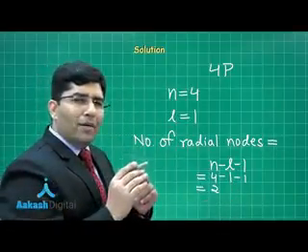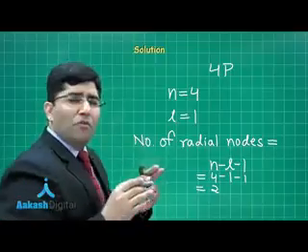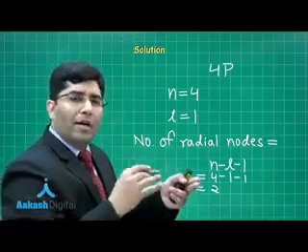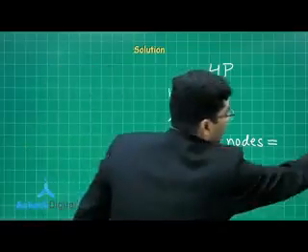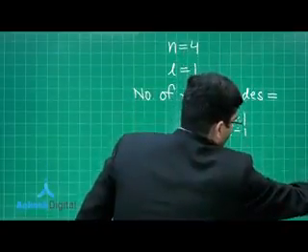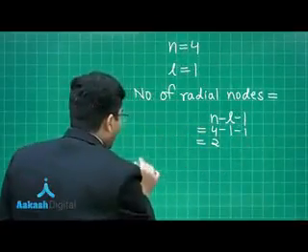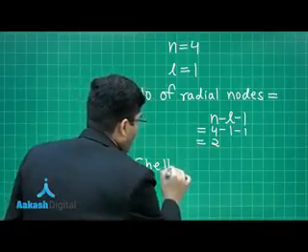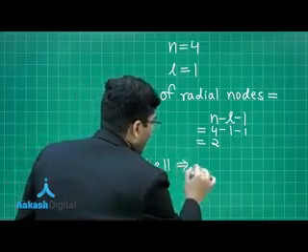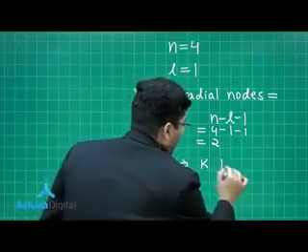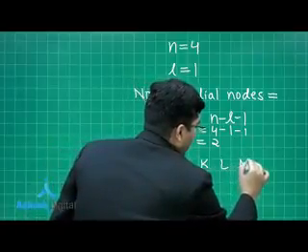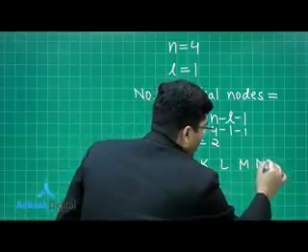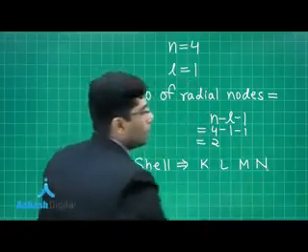So there will be 2 radial nodes. But one more thing comes here. Where are those nodes? Let's discuss that also. Now if we talk about the shells, they will be K, L, M, and N, right?